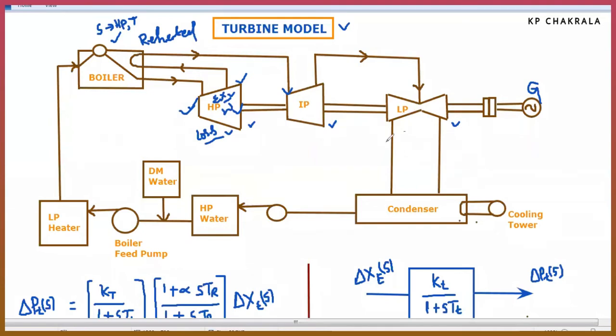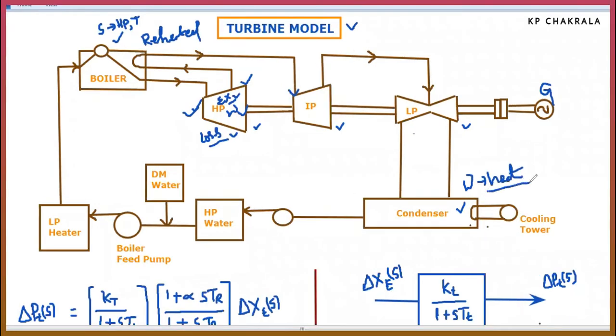Now this steam is allowed into the condenser, where it condenses the steam into water. The condenser condenses the steam coming from the LP turbine into water, but after conversion the water still has some heat.